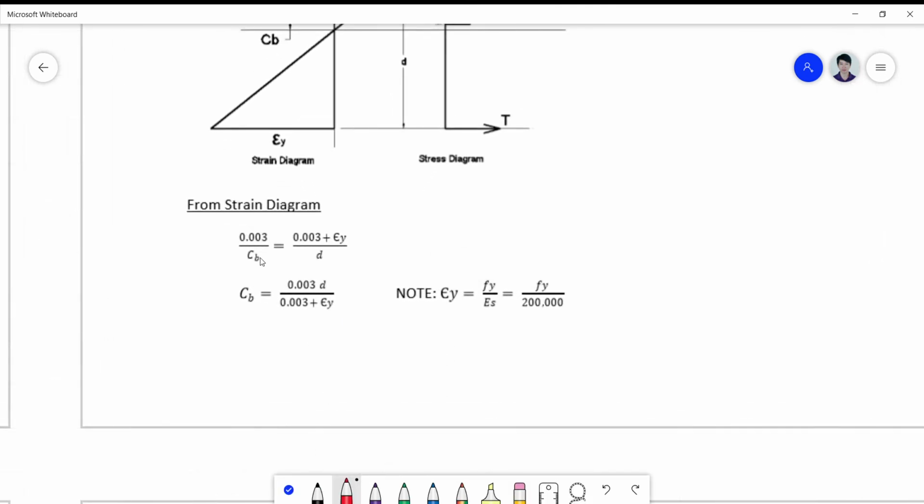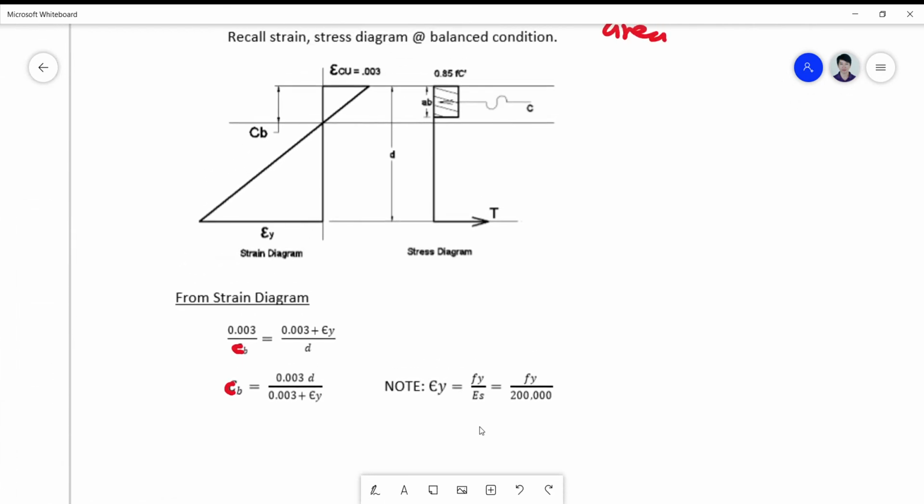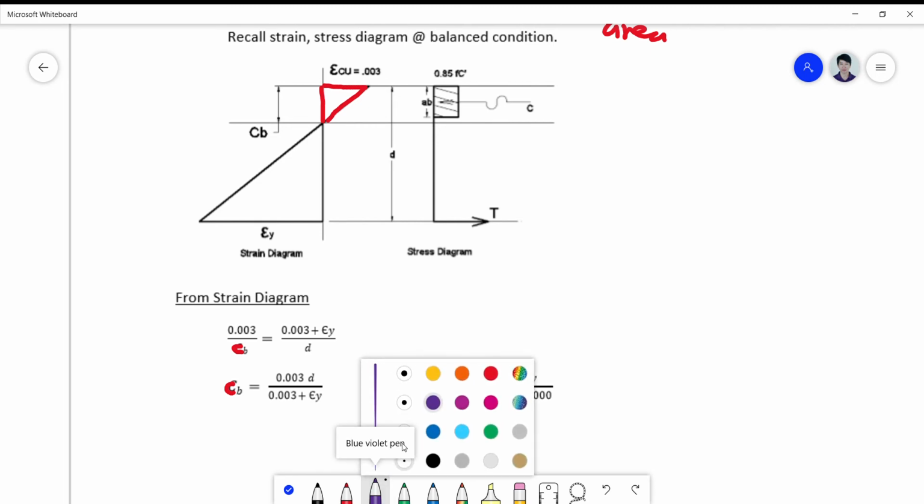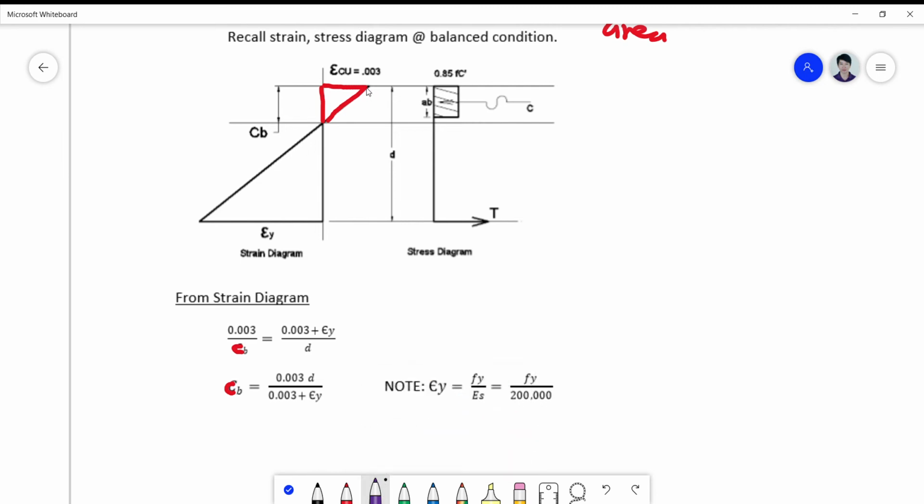What changes is that instead of the small letter c, it becomes c b. So by taking the proportion of this small triangle and the other triangle, which is this one.